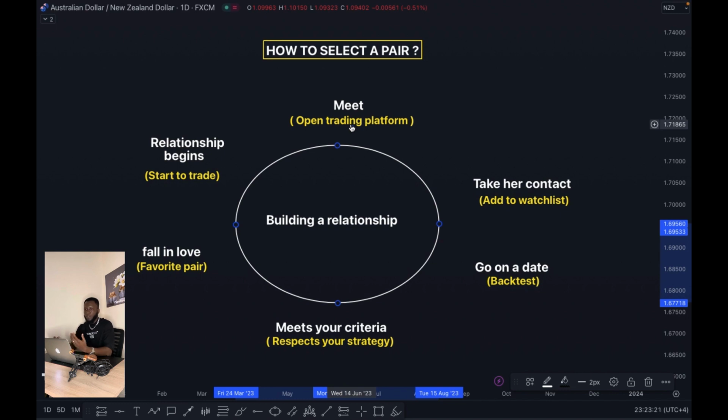So now, after doing all your backtesting, adding your strategy and all of that, you get to analyze if this pair respects your strategy, right? If this pair is actually playing out exactly how you want it to play out, right? So let's say whenever price breaks a support, you want to wait for price to come for a retest, and then you get in, right?